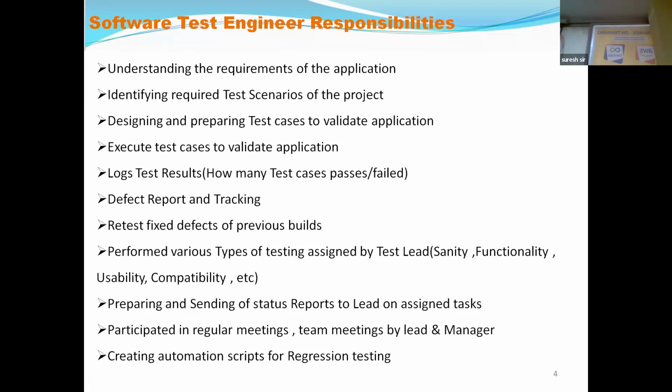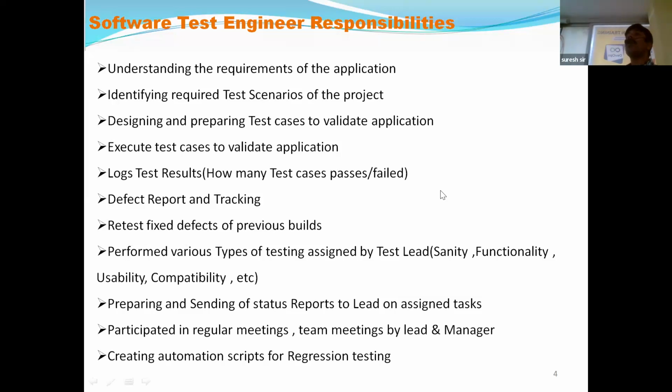In case of pass, we are not worried, but in case of fail, we do bug reporting, or defect reporting. Along with bug reporting, we take care of tracking and retesting those bugs.